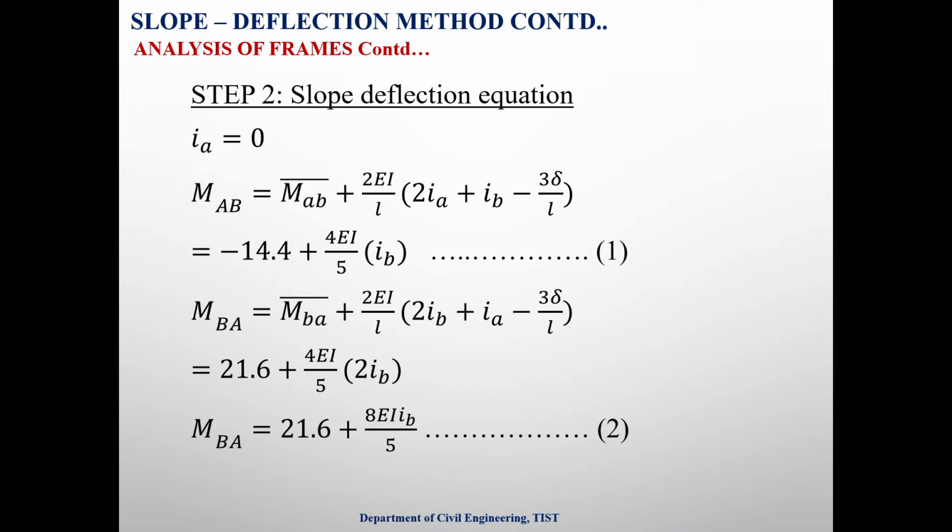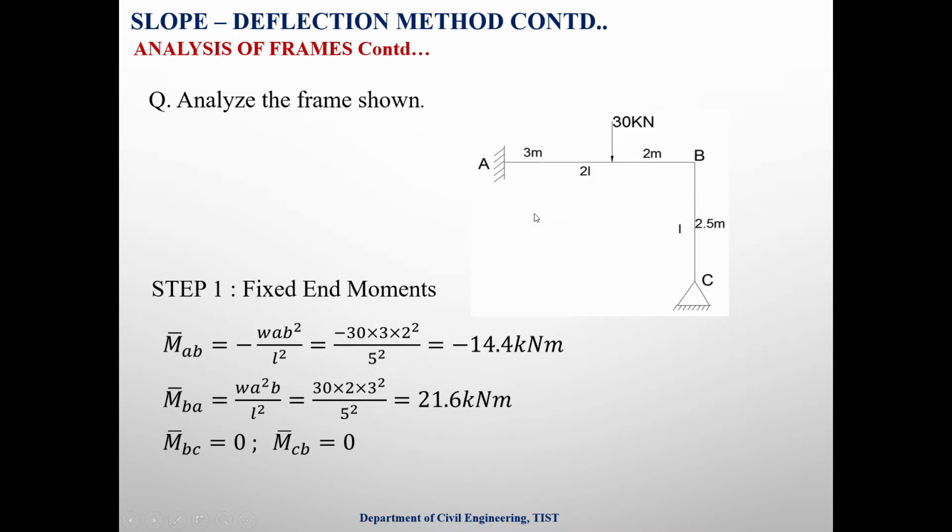Then the second step is the slope deflection equation. We know M AB is equal to M bar AB plus 2EI by L into 2 theta A plus theta B minus 3 delta by L. Since it is without sway, delta is equal to 0.